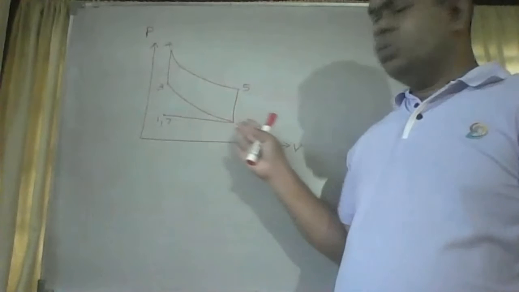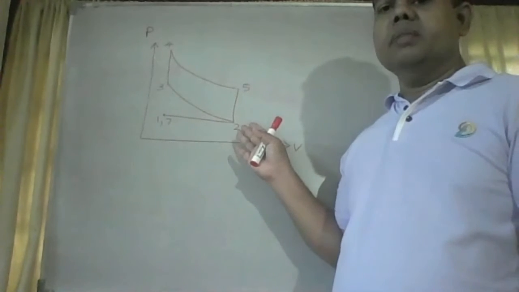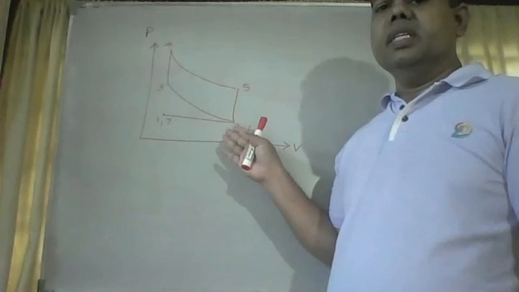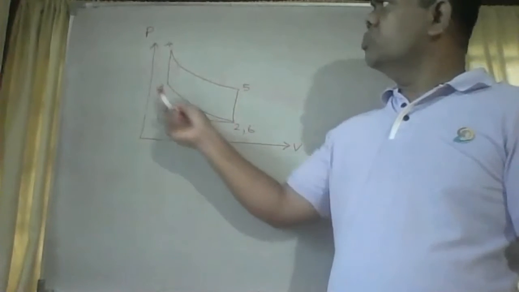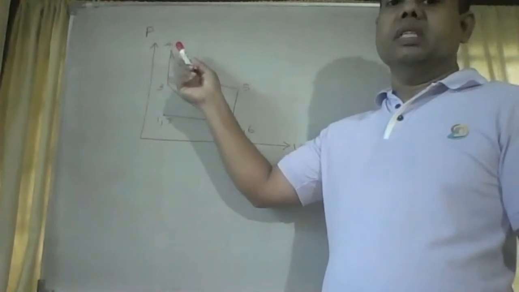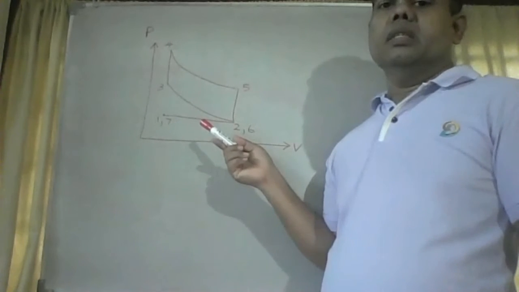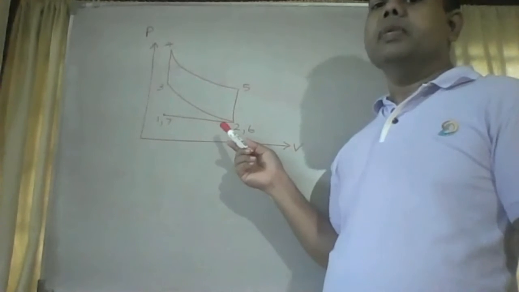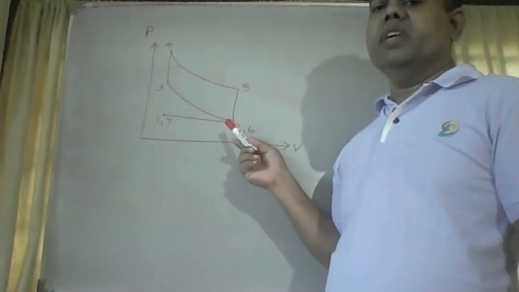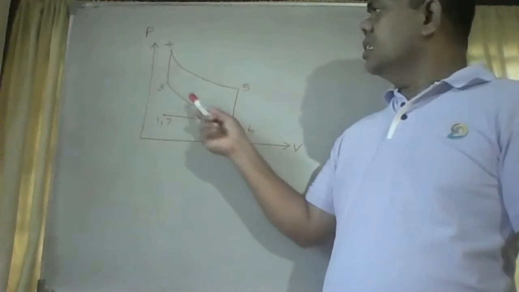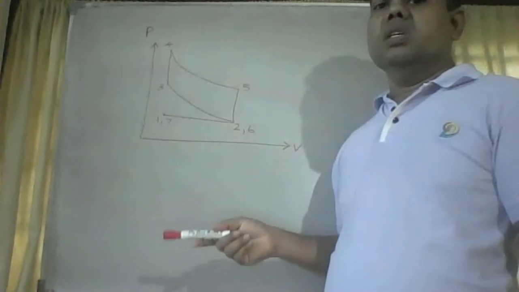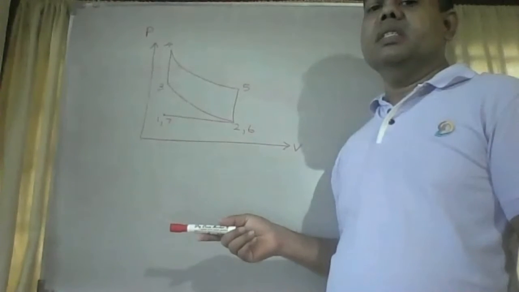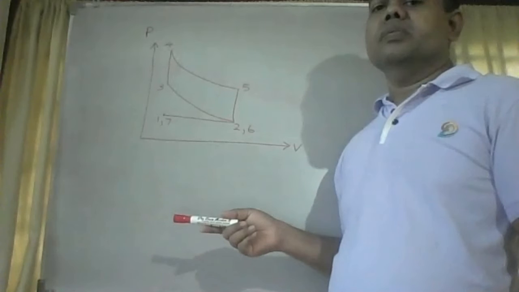The 1 to 2 process represents the intake, 2 to 4 represents the compression stroke, where during 3 to 4 combustion takes place.